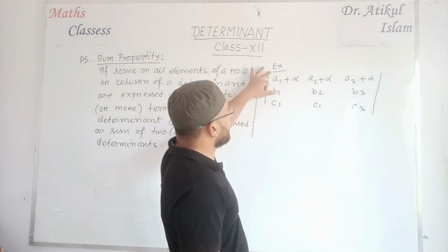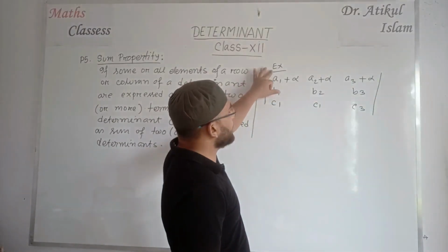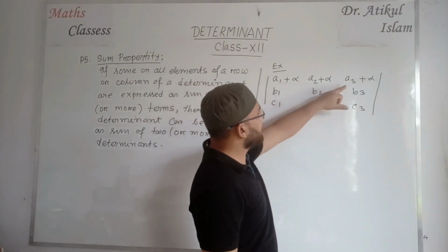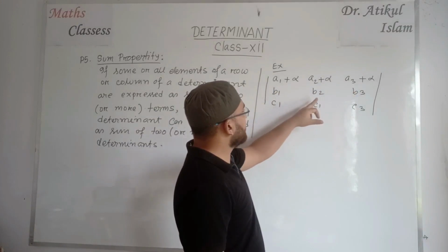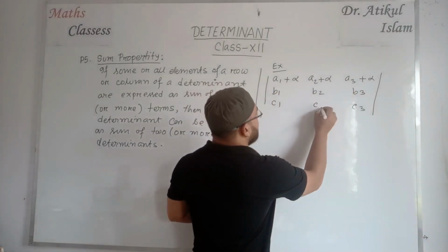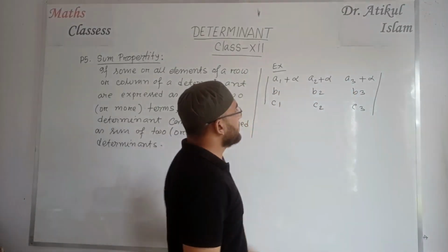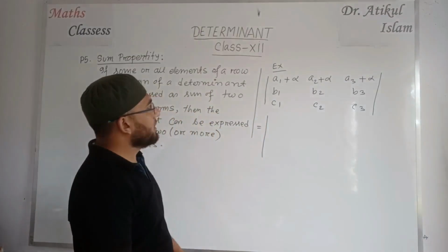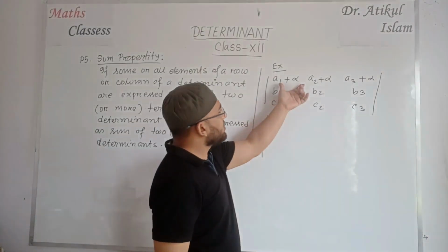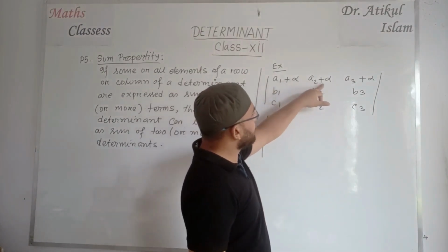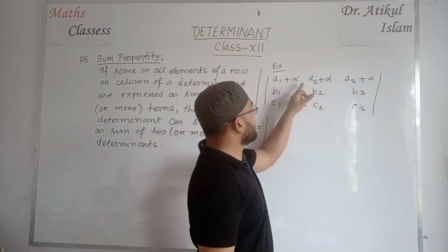Suppose here is a 3 by 3 matrix: a1 plus alpha, a2 plus alpha, a3 plus alpha, then b1, b2, b3, then c1, c2, c3. Now, according to this property, in the first row, in every element, there is a constant alpha.